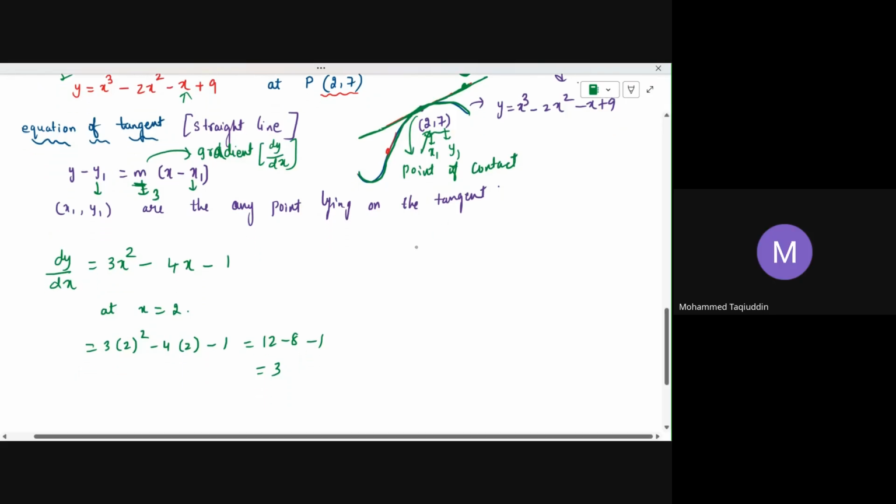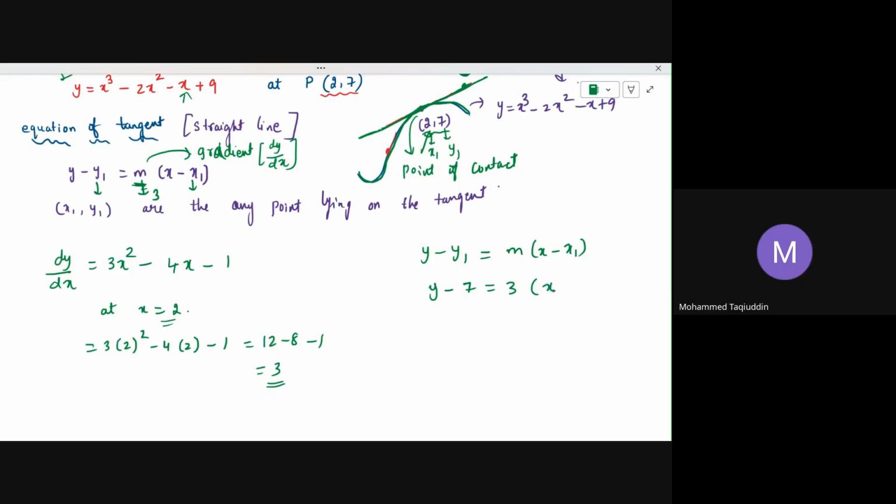So now I'm going to use the straight line formula directly here: y minus y1 equals m times x minus x1. So y1 is 7, and m, the gradient at x equals 2, is 3. And x1 is 2. So I get 3 times x as 3x, 3 times 2 is 6.